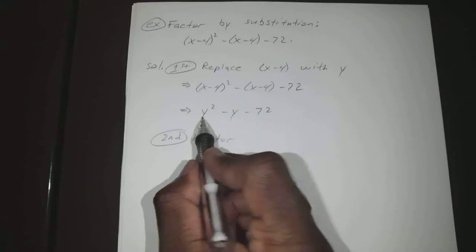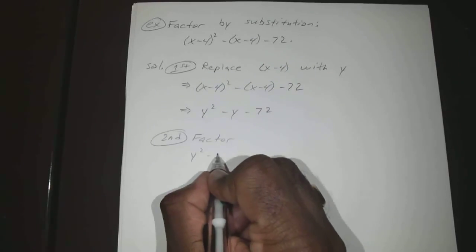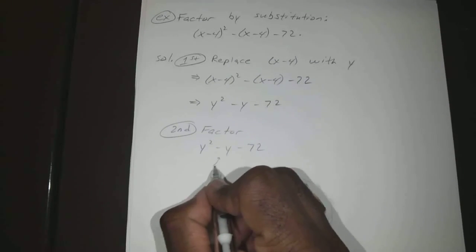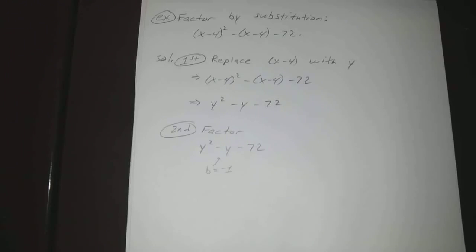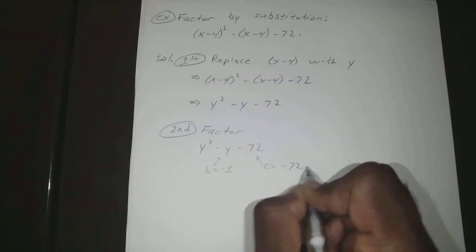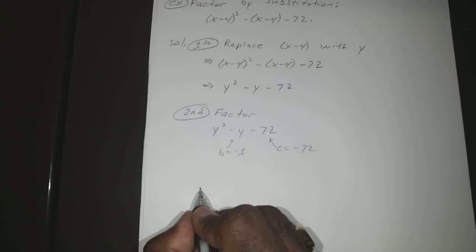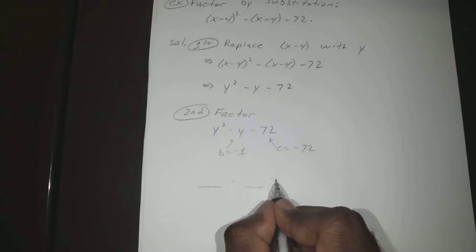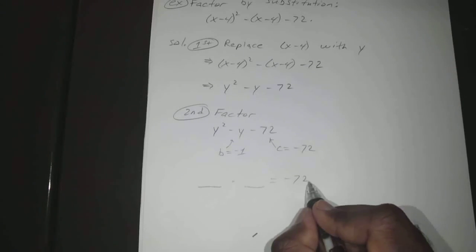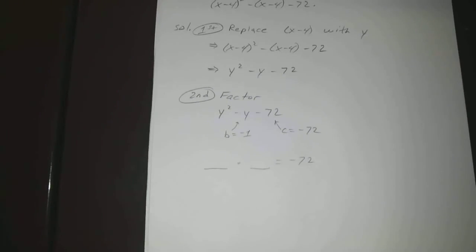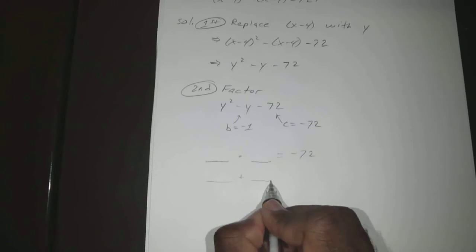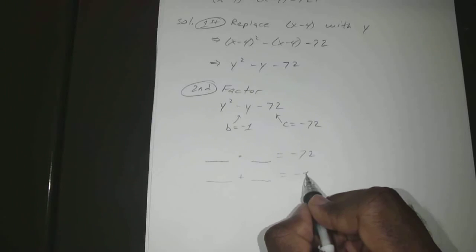Okay. So if you have y squared minus y minus 72, your b is equal to -1, and your c is equal to -72. We have to find two numbers that multiply to equal your c, which is -72, and those same two numbers add together to equal your b, which is -1.